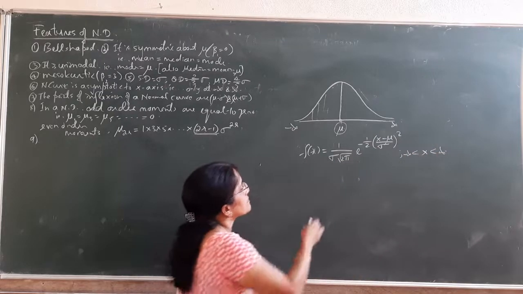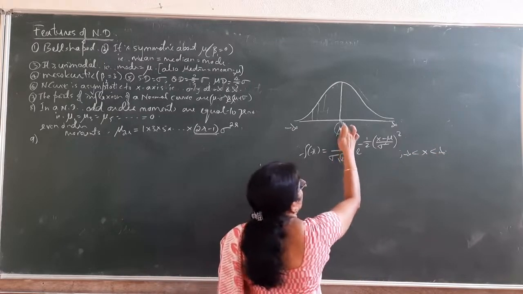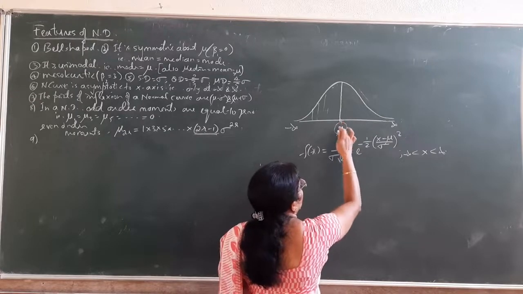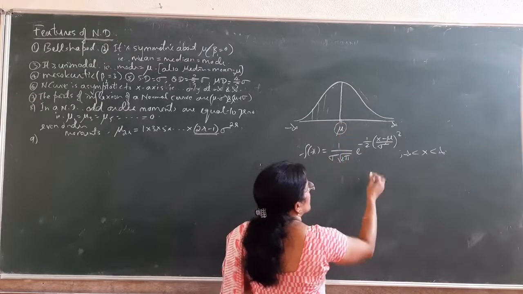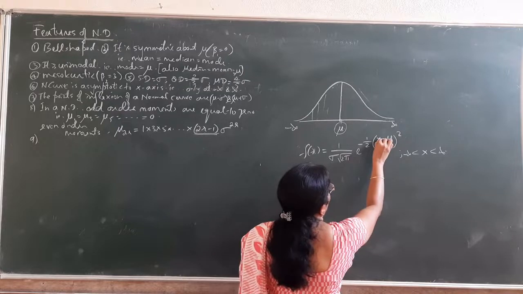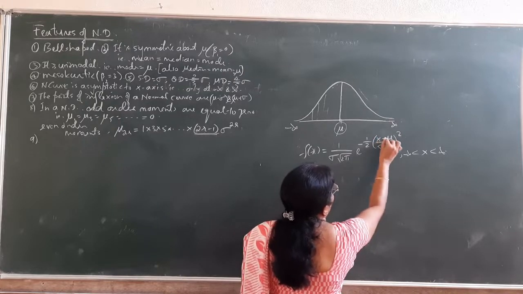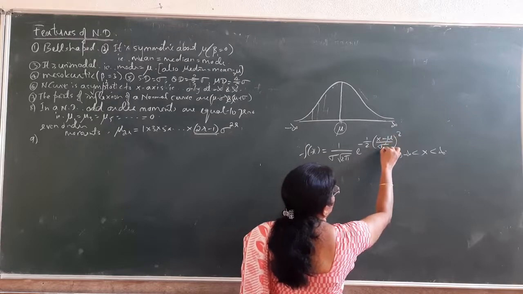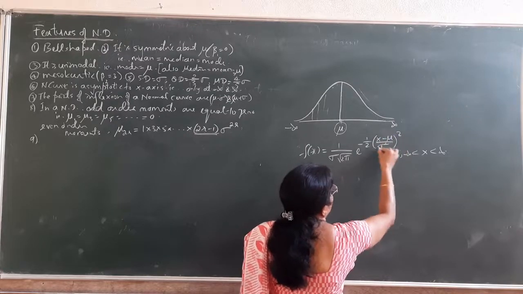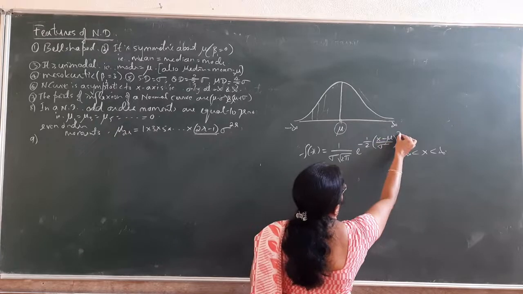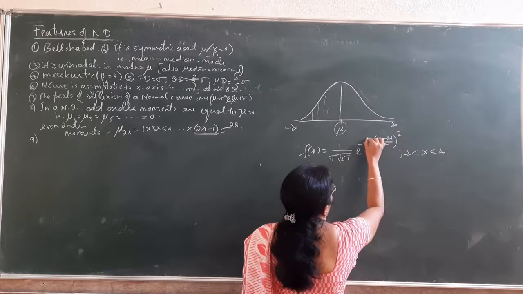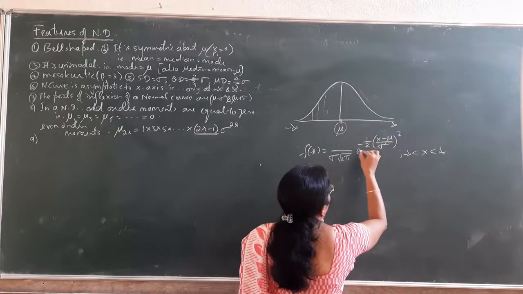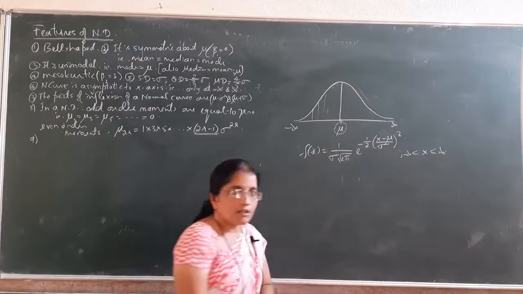Now, put x is equal to mu, because we are studying at this point what the probability is. Here you will get mu minus mu, which is equal to 0. So, 0 by sigma, 0. Once again you will get this term as 0. 0 square, 0. So, e power minus half into 0, that is e power minus 0, which is 1.